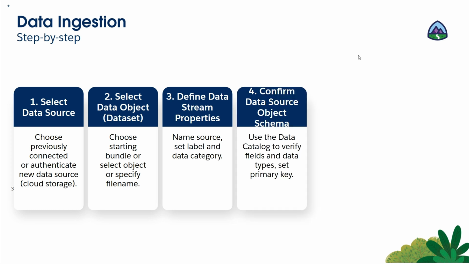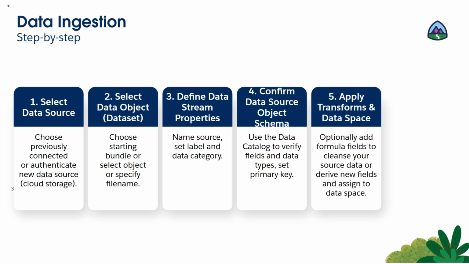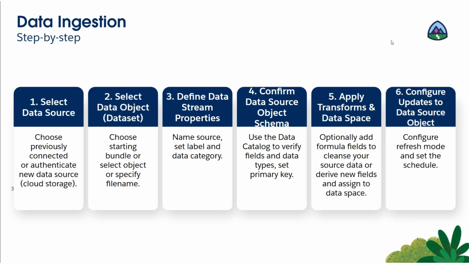Then we'll confirm our schema from that example, and apply any transforms we want to those data streams as they come in. Those will turn into our data lake objects, and then eventually data model objects, and we'll talk a little more about that in the example.